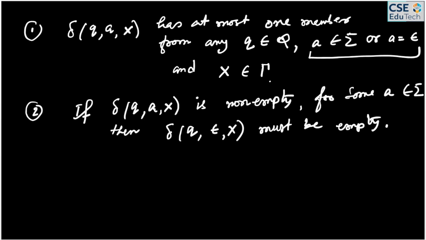So these are the two conditions. If satisfied, then we say that it is a deterministic pushdown automata.